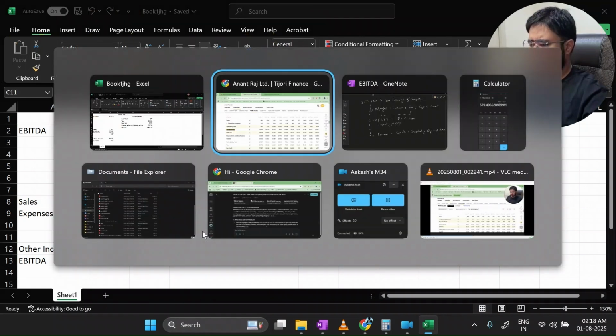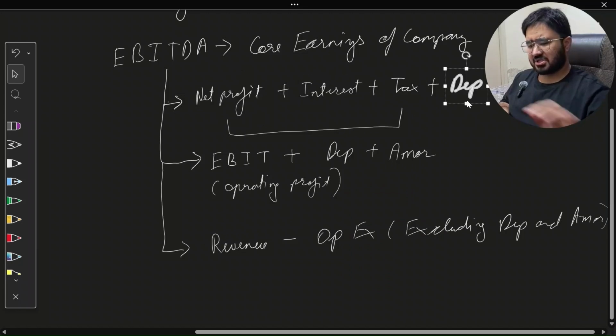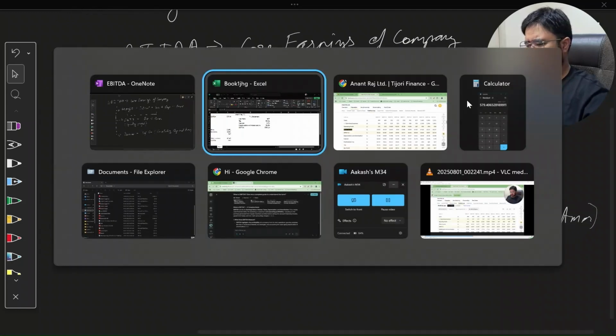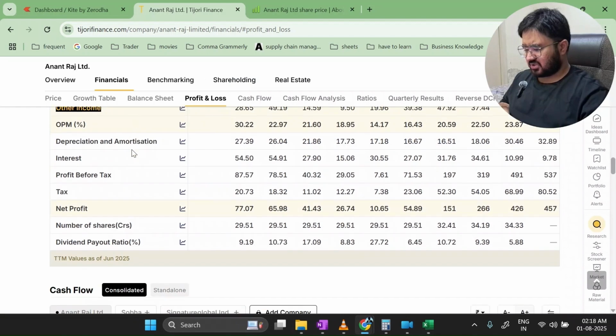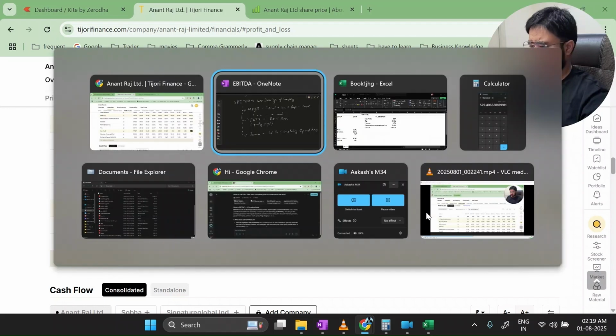Now the other formula which we have discussed, net profit plus interest plus tax plus depreciation and amortization. Okay, let's do it. Where is net profit? Over here. All the figures you have to take from here. Net profit is 457 crores.